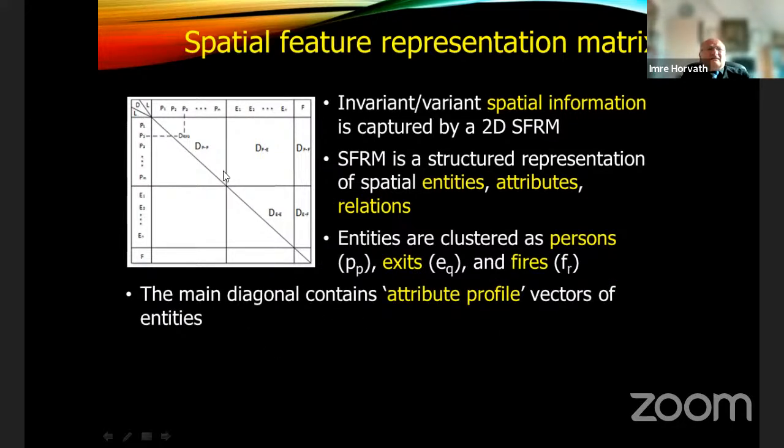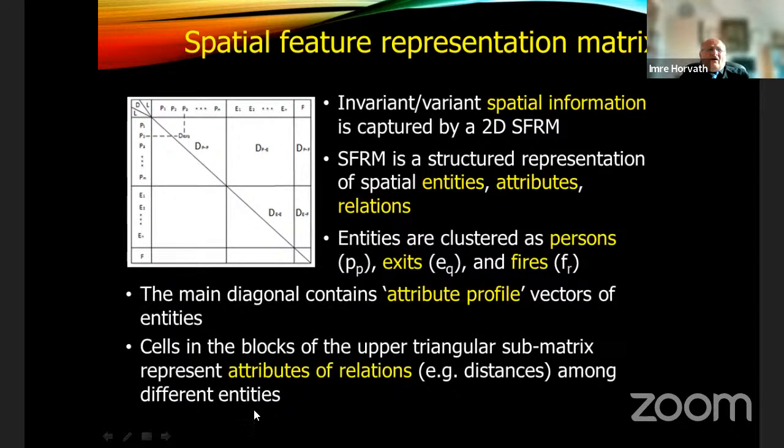I mentioned that the main diagonal in the computation was used as an attribute profile, and every cell in the block of the upper triangular submatrix represented the attributes of the relationship. Because if there was a relationship here, then computationally it was specified what the observed characteristics, observed information, and context information related to that were. So this is how it works.